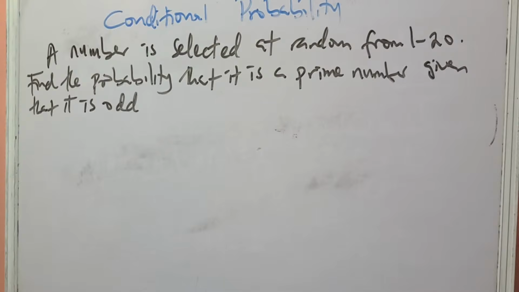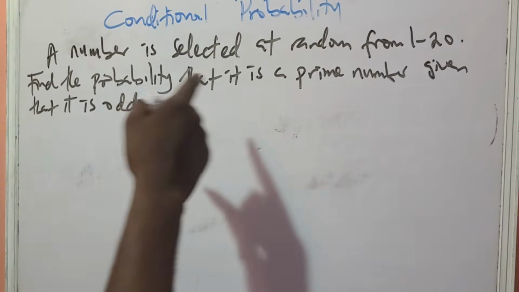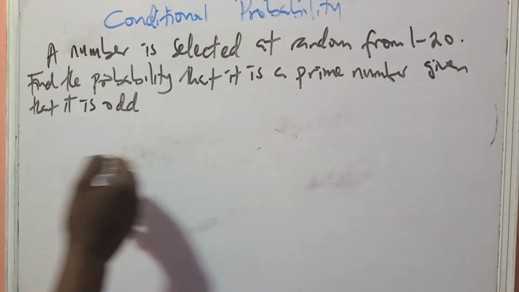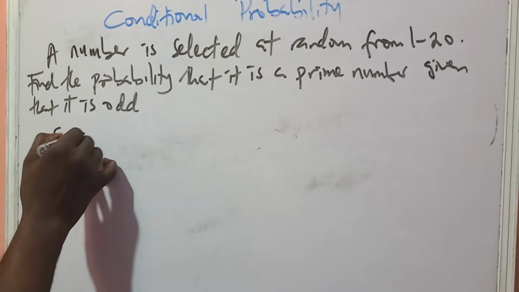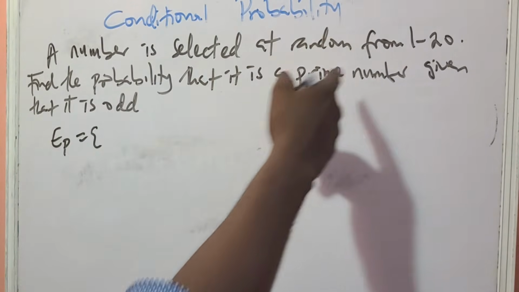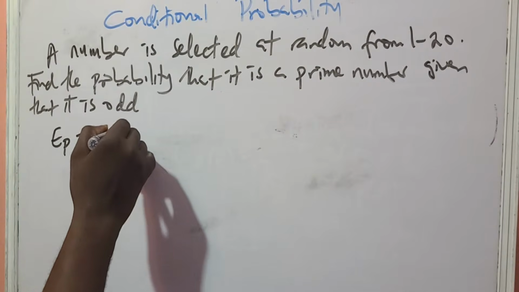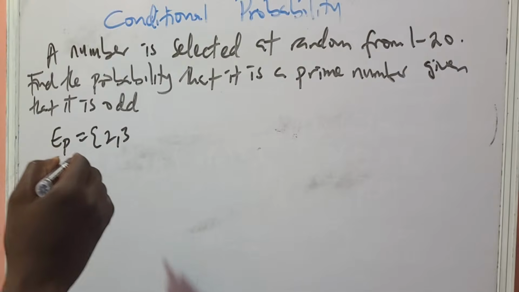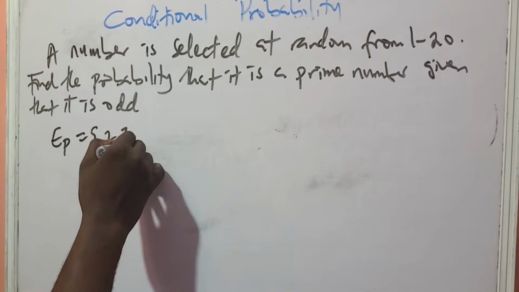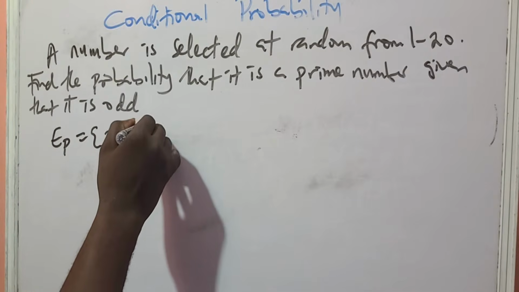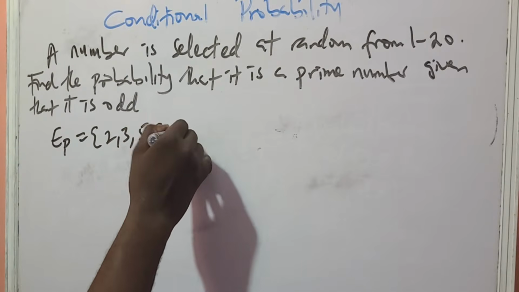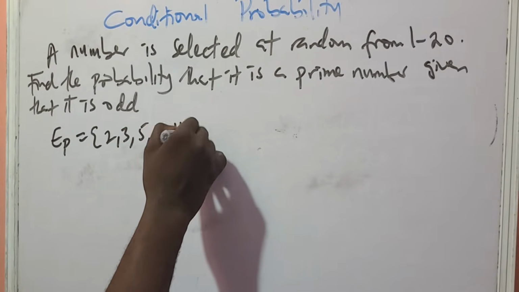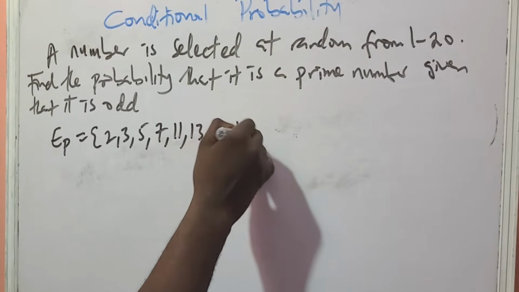A number is selected at random from 1 to 20. Find the probability that it's a prime number between 1 to 20. What's that event space? The event space of prime numbers: 2, 3, and we go on to have 5, 7, 11, 13, 17, 19.